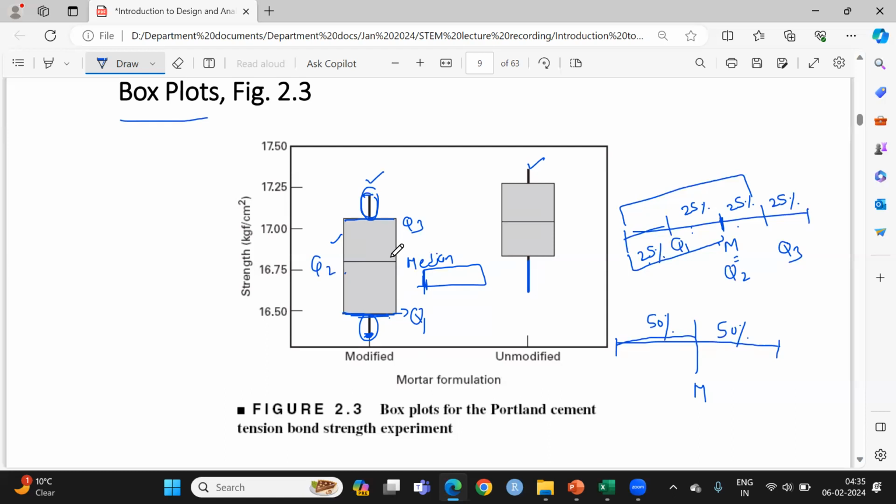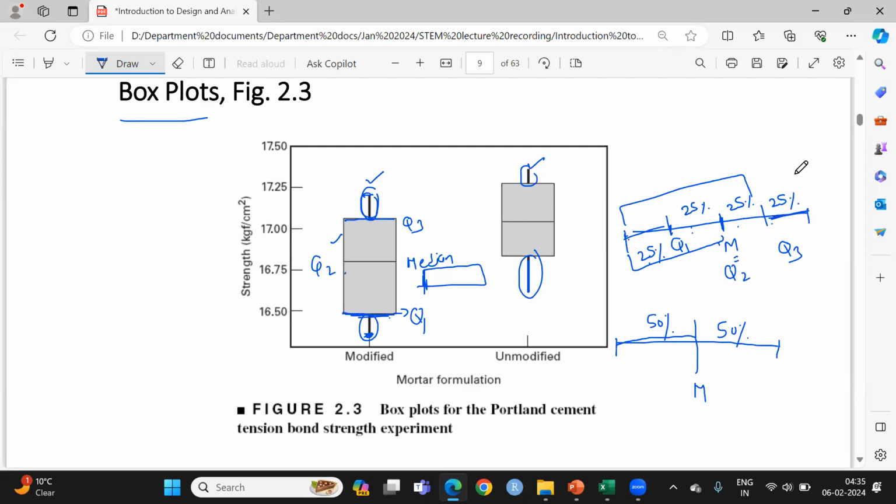If the box is long, there must be some variation between Q1 and Q3. If the whisker length is very high, more observations lie there, meaning a lot of variation from this point to this point. Here the whisker is very short, so there is very little variation in the last 25% of the section.